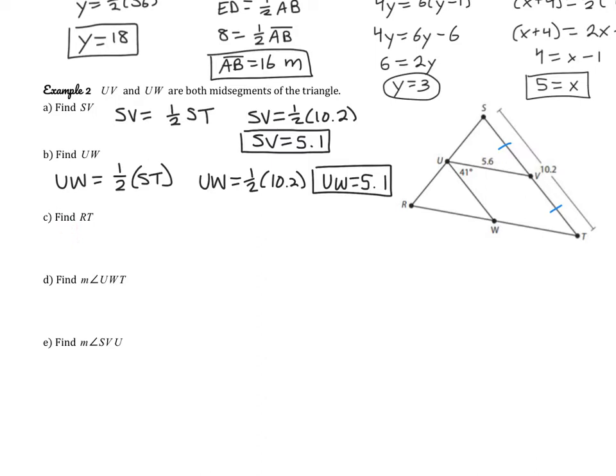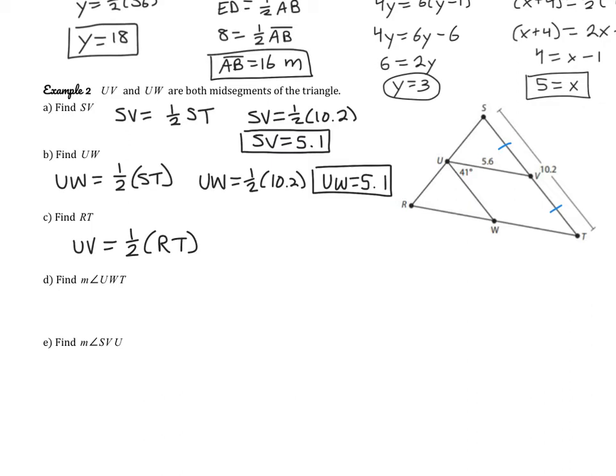All right, in part C, they're asking us to find the length of RT. So we want this entire length. So let's think of RT as the third side for the midsegment UV. So we can create the equation that UV, which again is the midsegment, is always going to be 1/2 the distance of our third side, which in this case is RT.